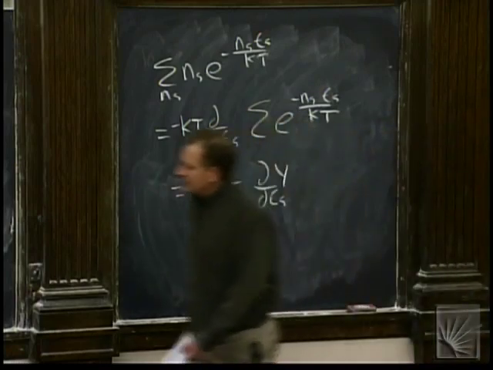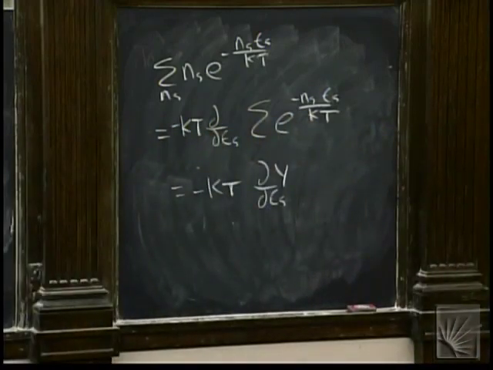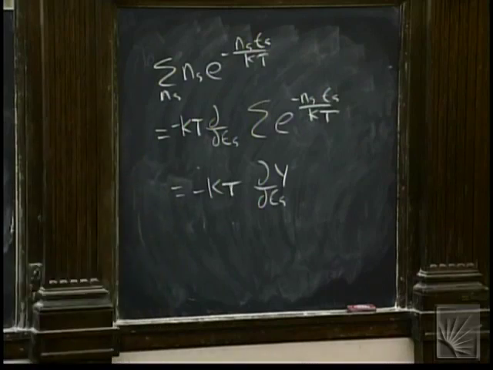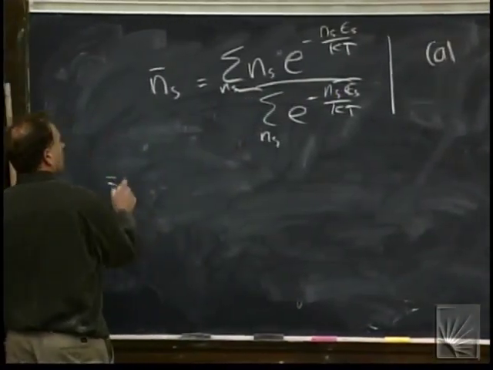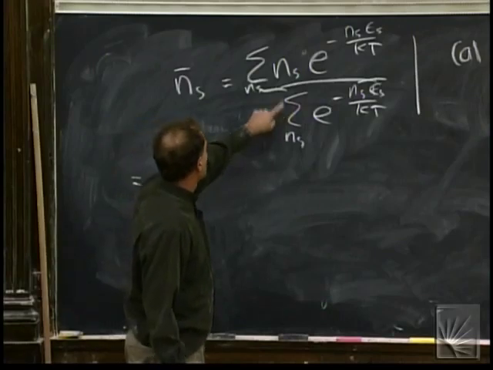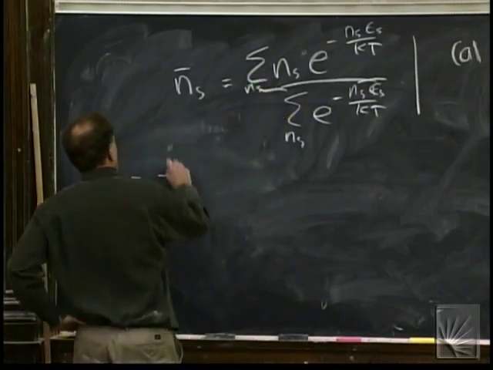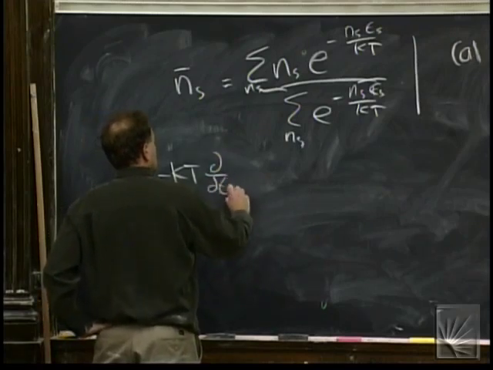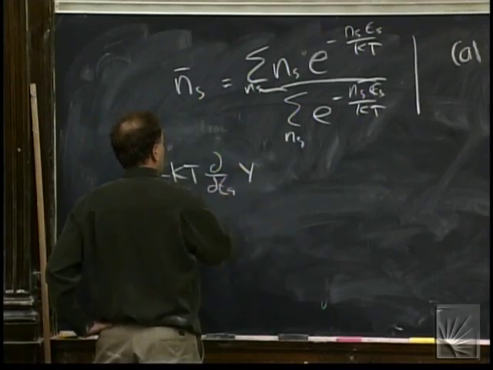And the last little bit, let's go right here. So if that's true, then the third little bit is not really so tricky, but so the denominator is y, and the numerator is minus kt d by des y divided by y.